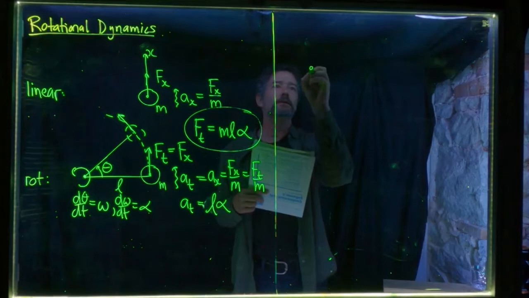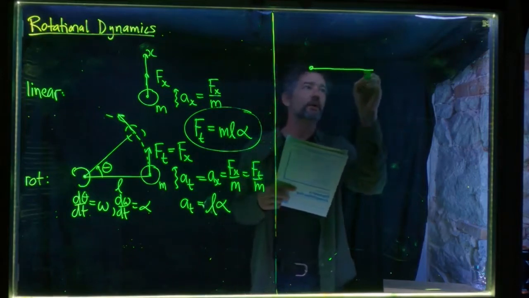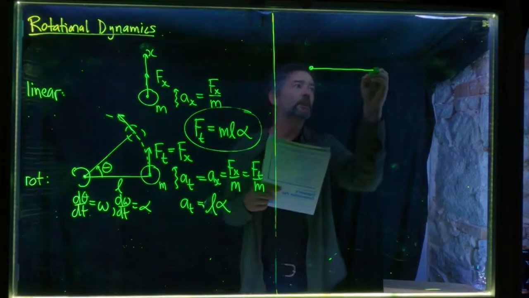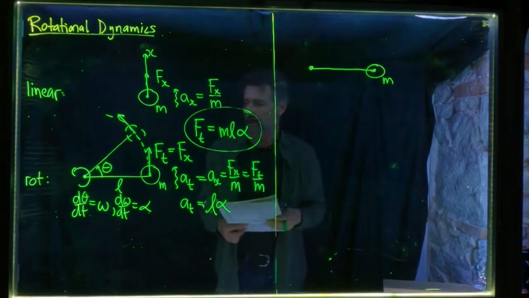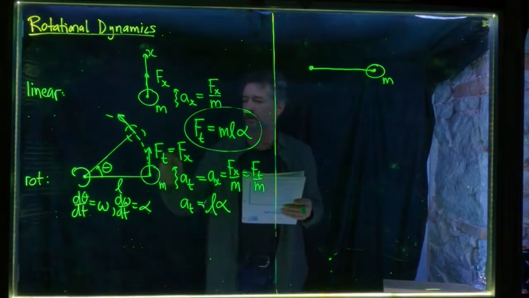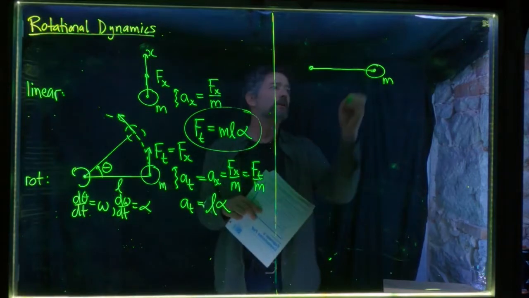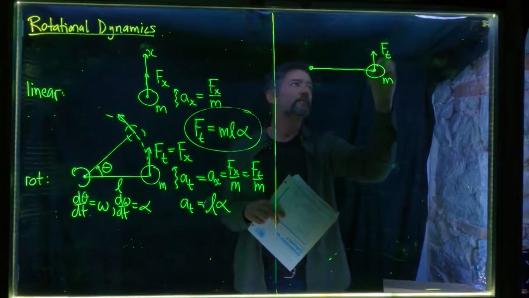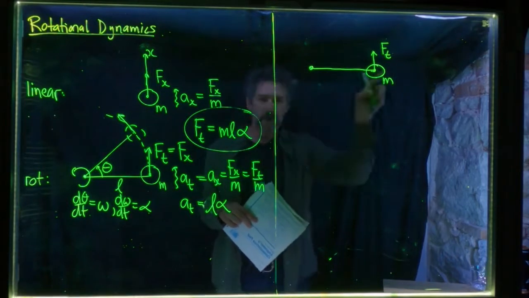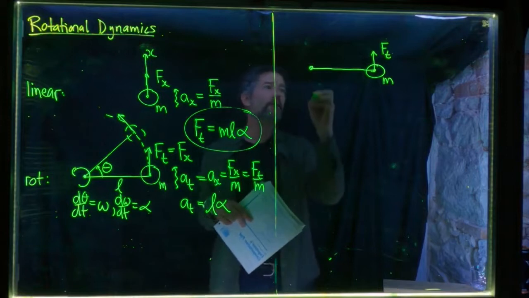What we've got is a pivot point over here. We have a massless rigid rod that we can push on at any point, and we have a point mass M attached to the end of that rod. In this situation, we applied a force that we called F tangential at the very end of that rigid rod of length L.